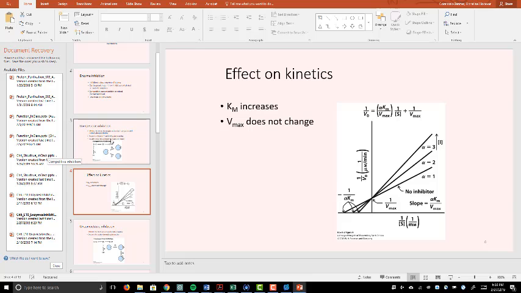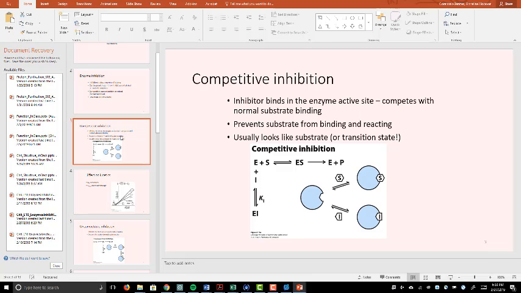This is one of the reasons why I try to avoid just referring to the Km as the affinity, because it's more than the affinity, because the Km is the constant.